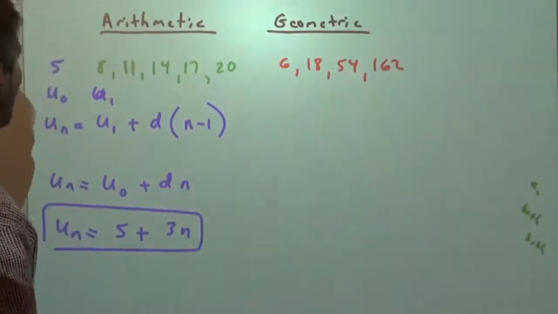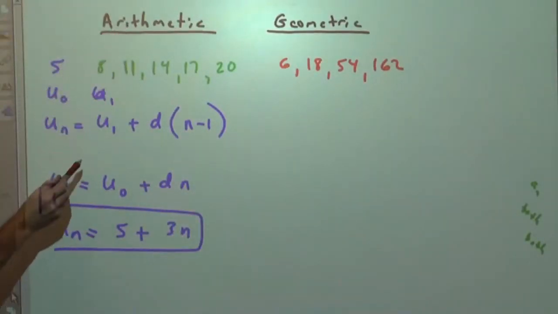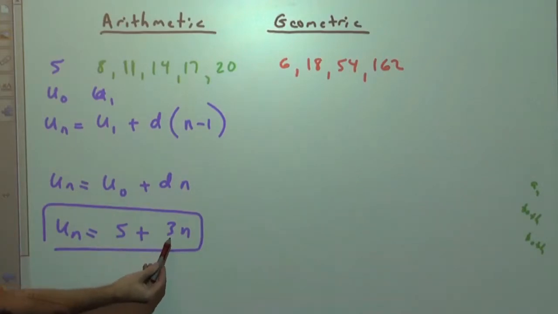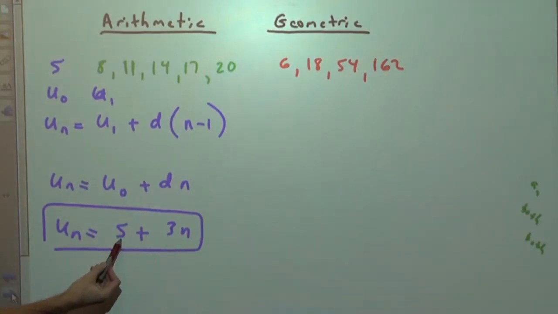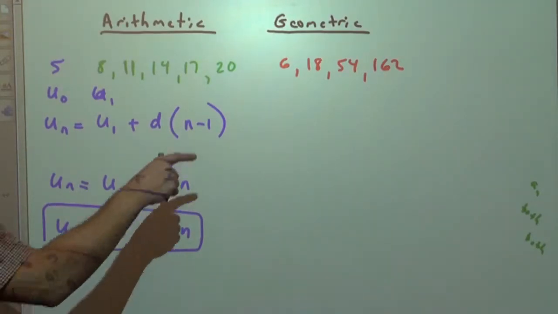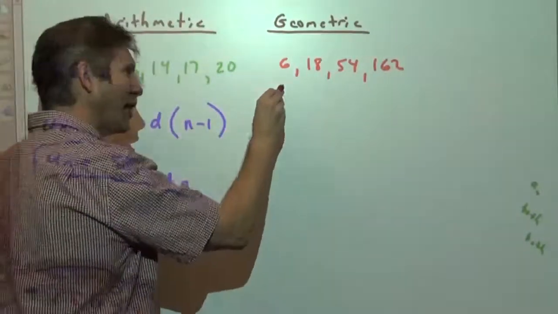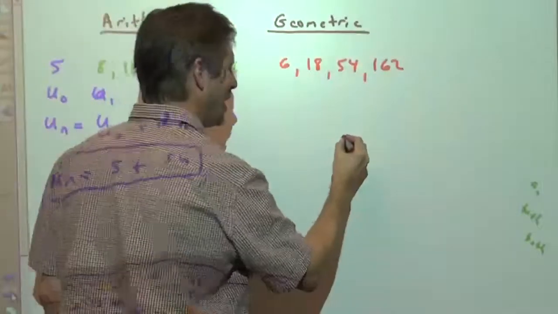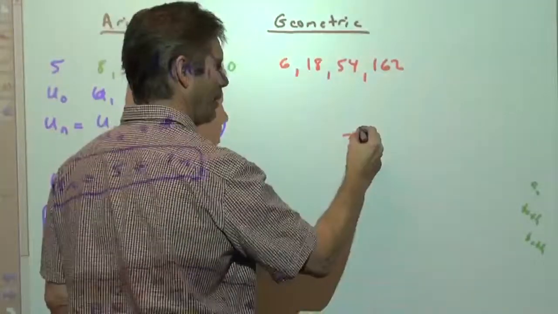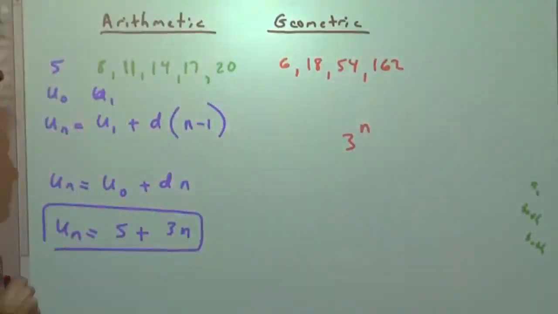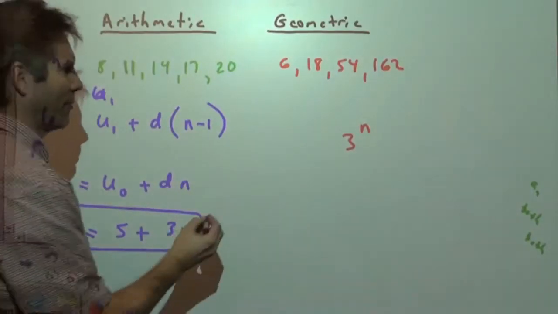Now we're going here. Arithmetic is linear. It's like a slope, a rate of change, and a 0th term like a y-intercept. Geometric is exponential, because if we keep multiplying by 3, that means we're going to multiply by 3 to a power, like 3 to the n, to find the nth term.